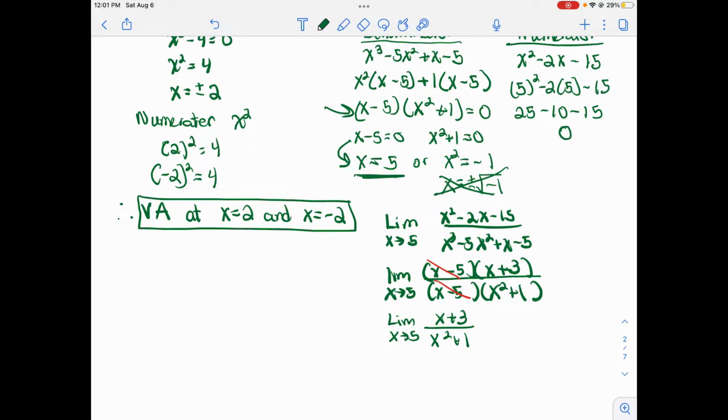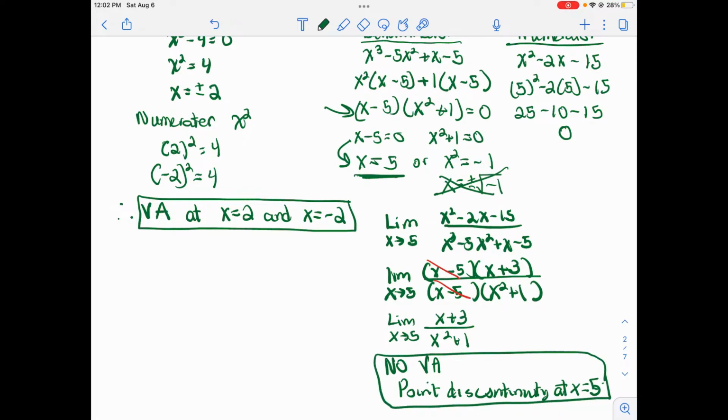This tells us we have no vertical asymptote. We have a point discontinuity at x equals 5. So that's an example with no vertical asymptote.